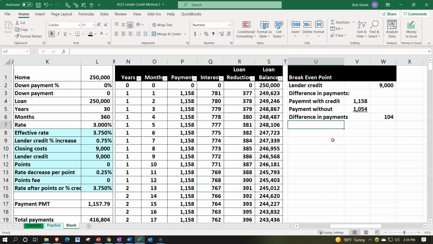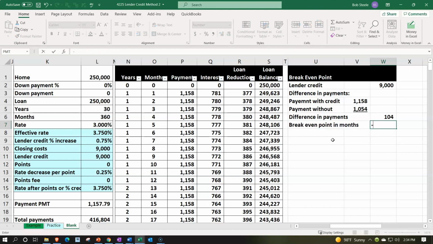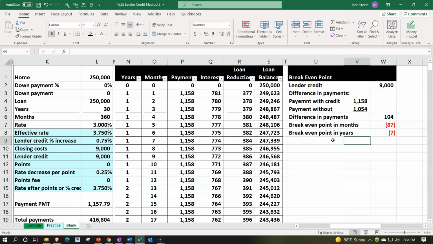And then we're going to say the break-even point in months is equal to that 9,000 divided by the 104, or 87 about. And then the break-even point in years is about equal to the 87 divided by 12 months, about 7. Let's add a couple decimals, about 7.23.